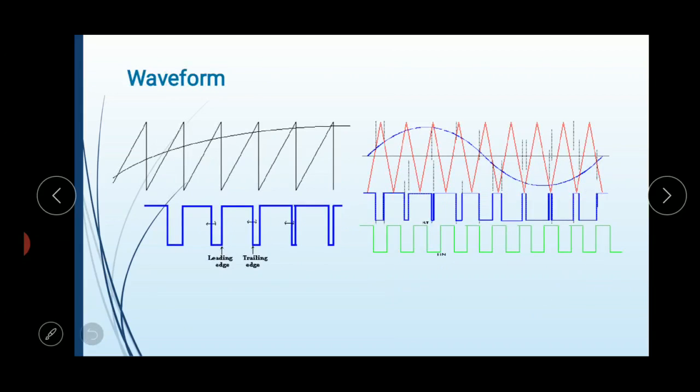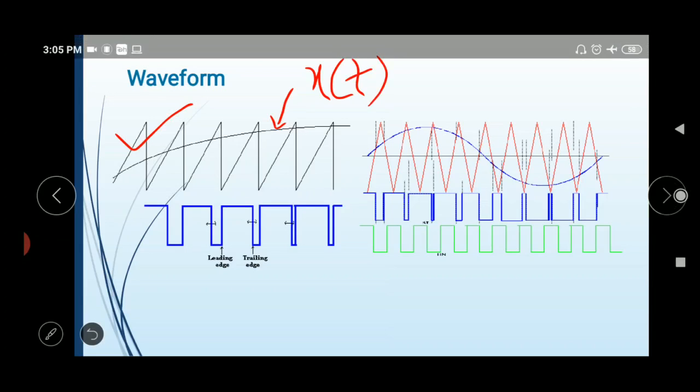See here, if the sawtooth waveform is like this, then here you can see this is the sawtooth waveform and this line is the modulating signal.